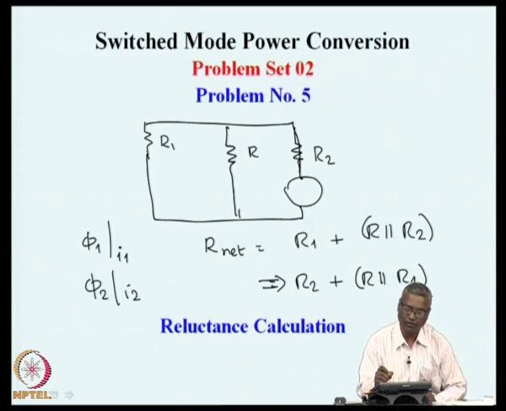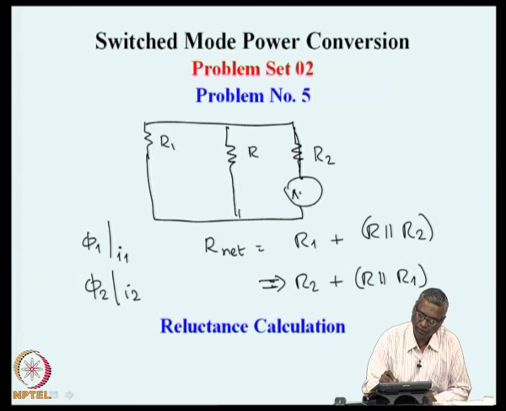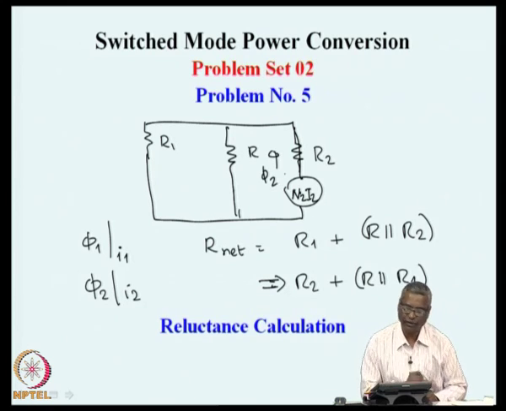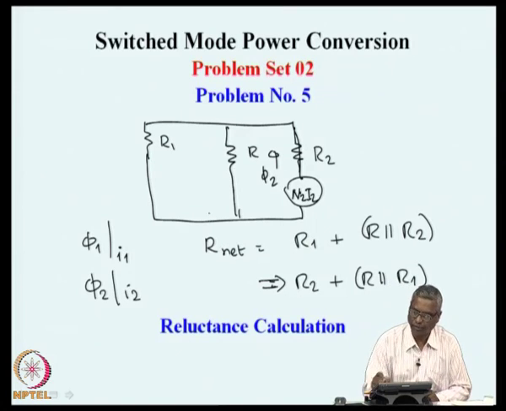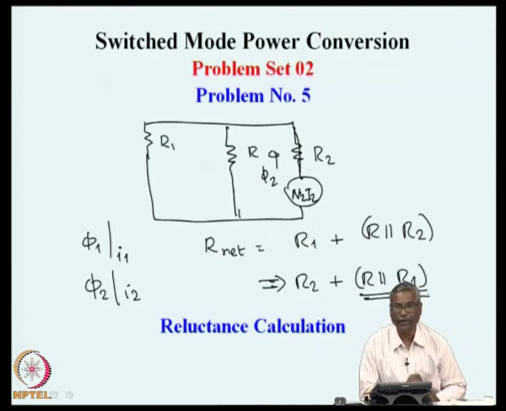So, excitation is now N2 I2, and we are interested in phi 2, and that reluctance will be R2 plus R parallel R1.